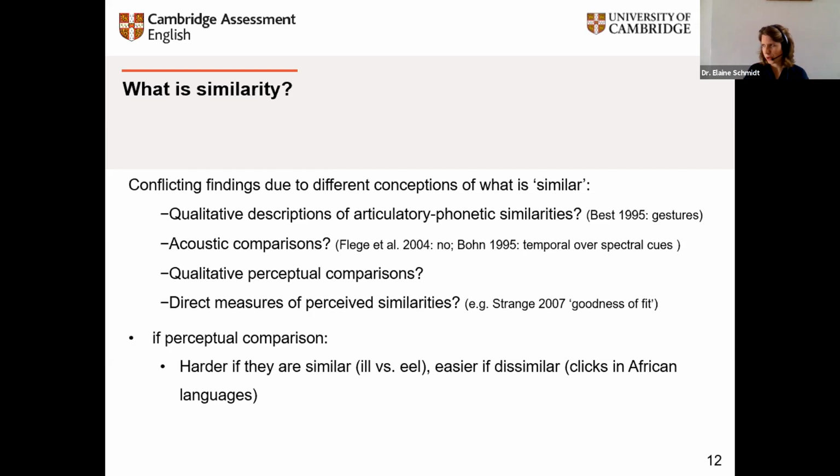So dissimilar sounds, I couldn't think of examples in Spanish where you have sounds that are so dissimilar that they would be very obvious. Maybe the r and r. But that isn't even, I mean, that's still relatively similar. If you think of clicks in African languages, for example, they are so different to anything that we have in European languages that it's very easy for us to say, yes, that's a new category, and I form this new category.